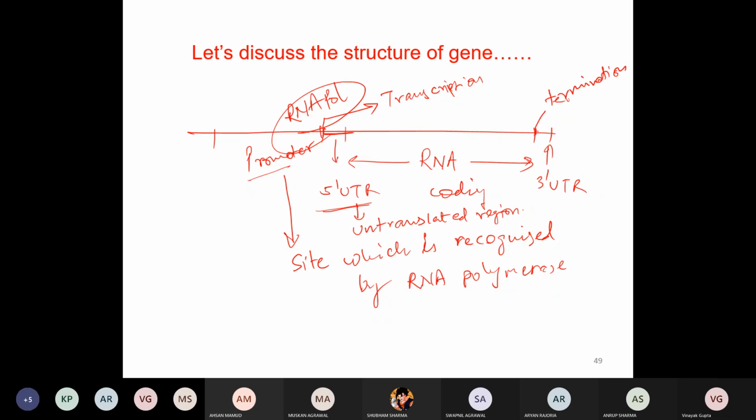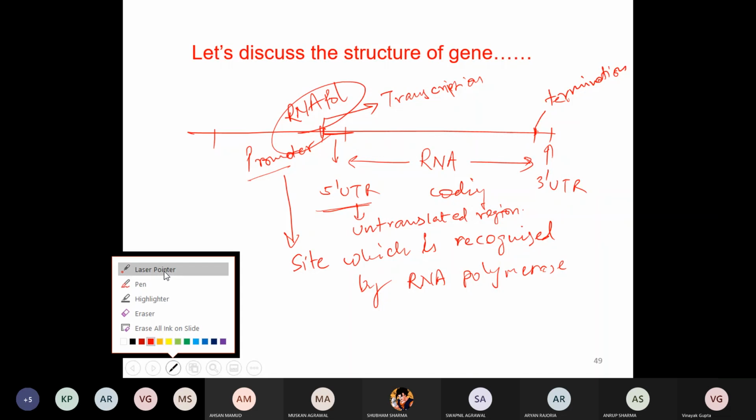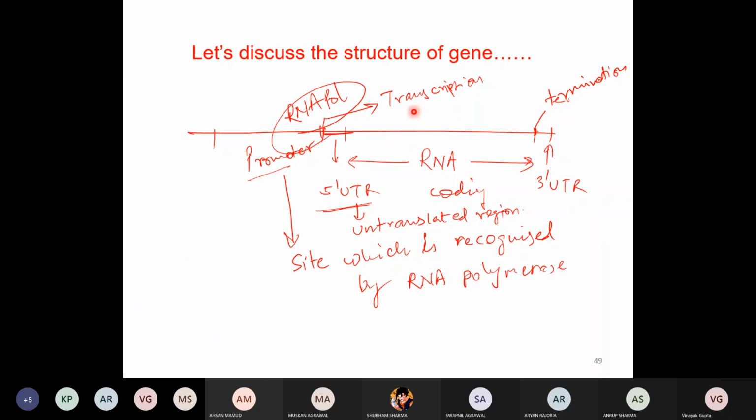Then what is the function of the 5 prime UTR? If it is an untranslated region, what is the function? The function of the promoter is very clear. It is the site which has the binding site for RNA polymerase, so that RNA polymerase can come, bind, and start the transcription.